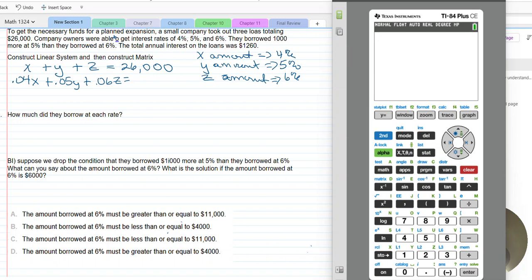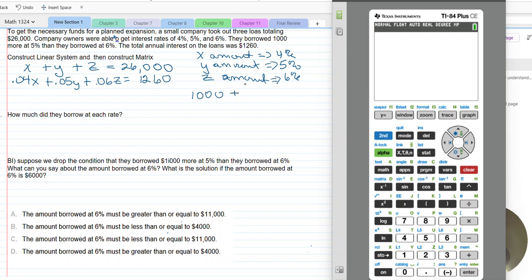okay, let me see, what do we have there? The company owners borrowed, the amount of interest on the loans was $1,260. All right, that's what that is. Now, they said this. They borrowed 1,000 more at 5% than they borrowed at 6%.